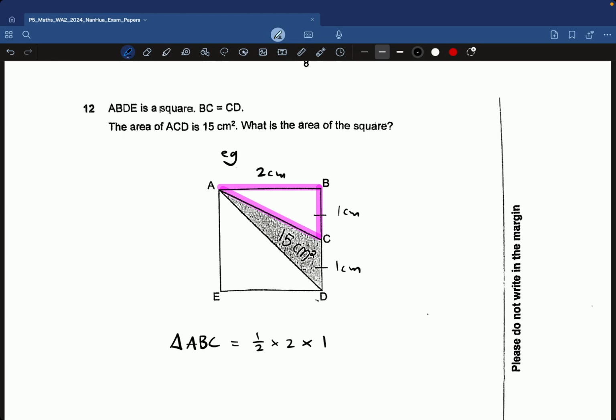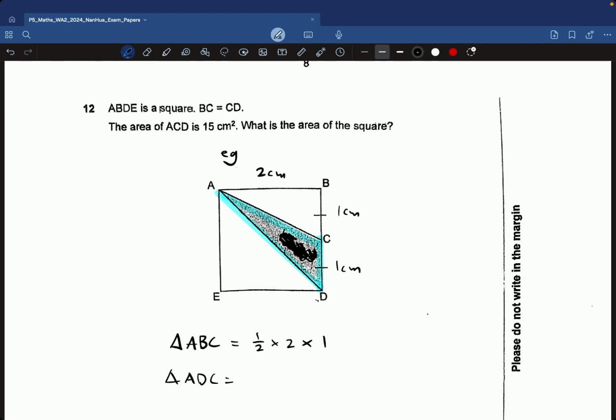Then the area of, let's put another highlighter, this and this as well is also the same, because for triangle ADC, if I were to remove the highlight over here, at the same time let me just black this out so it's less confusing.